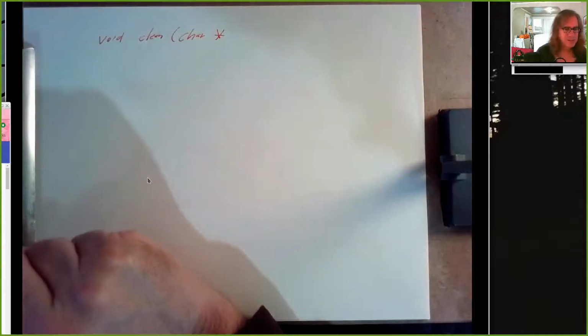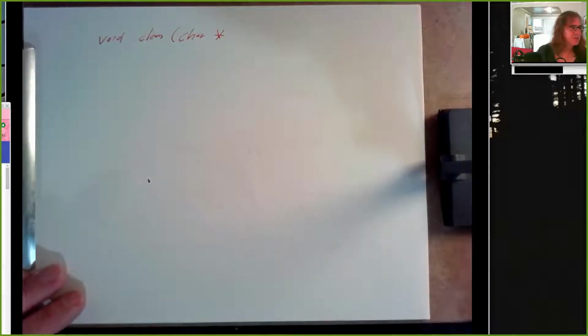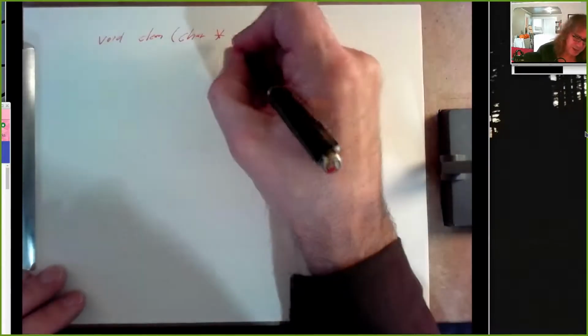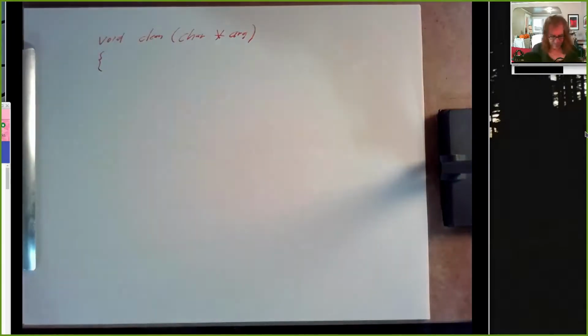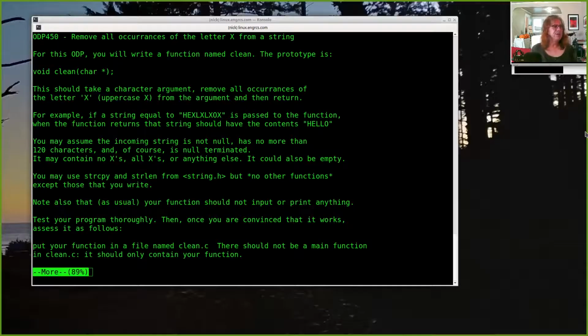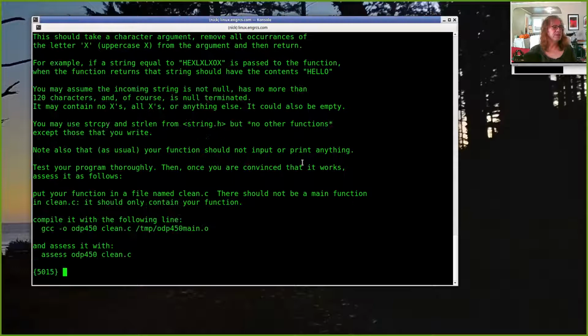So let's sketch out some code. I'll make my function called clean. I'll pass in some argument. And the other thing I've told you here is that you can assume that your argument is not going to have more than 120 characters in it.